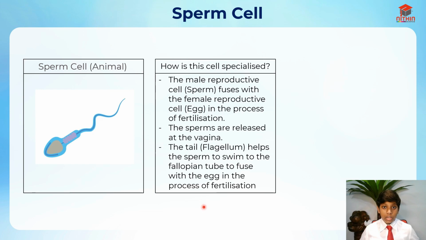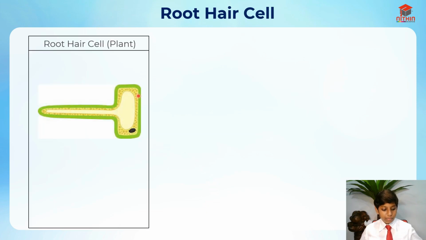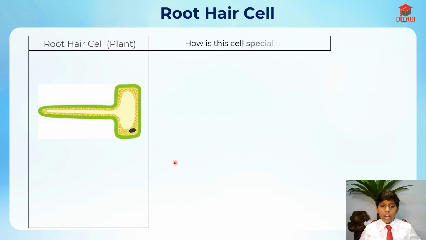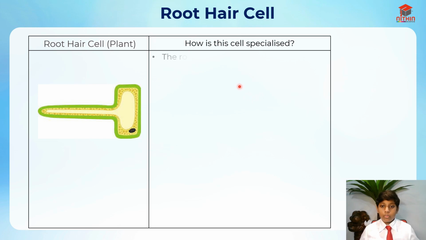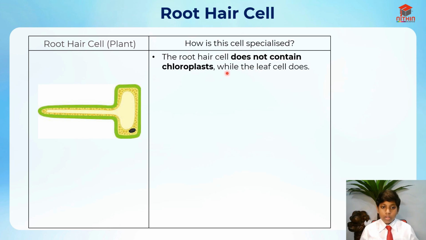Now let's move on to the next one, root hair cell. So this is the root hair cell. Okay, so this is from the plant, right? So let's go through the definition. How is this cell specialized? We have to ask this question for all of them. The root hair cell does not contain chloroplast, right? While the leaf cell does. So it's different.